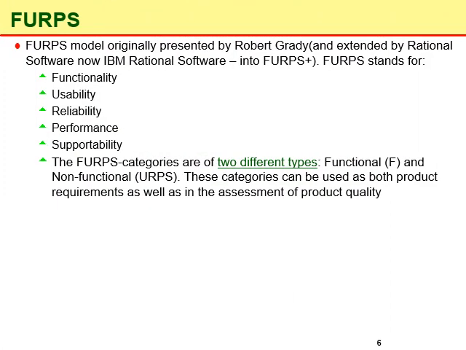Then the next model we discuss here is FURPS. The FURPS model is perhaps a somewhat less renowned model that is structured in basically the same way as McCall's and Boehm's model. This model was originally presented by Robert Grady and was extended by Rational Software, now called IBM Rational Software, into FURPS Plus.